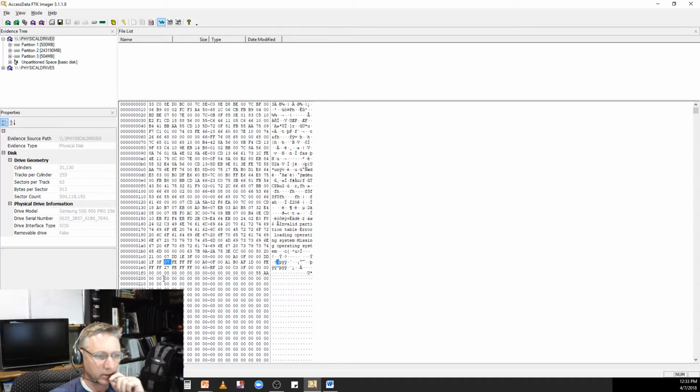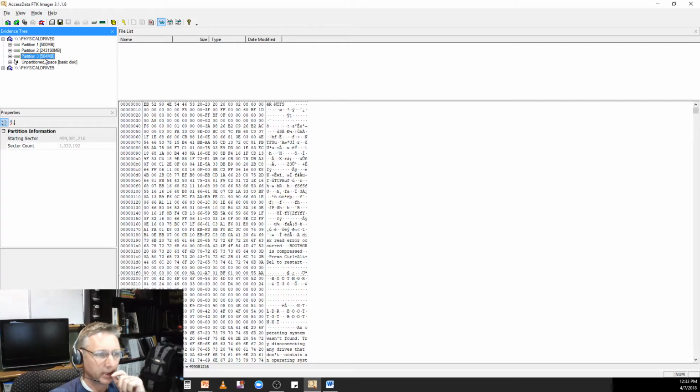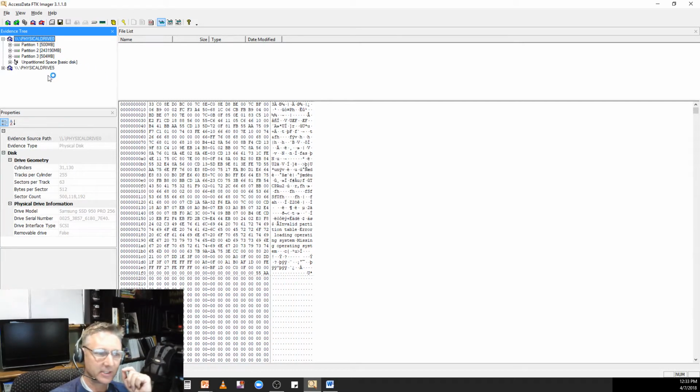We also see here that this one is 07. So my next partition is 07. And then the third partition down has a value of 27. What the heck is that? Well, it looks to me like it's NTFS. Not sure what the 2 indicates, right? So we need to do some investigating and find out why that's a 27.